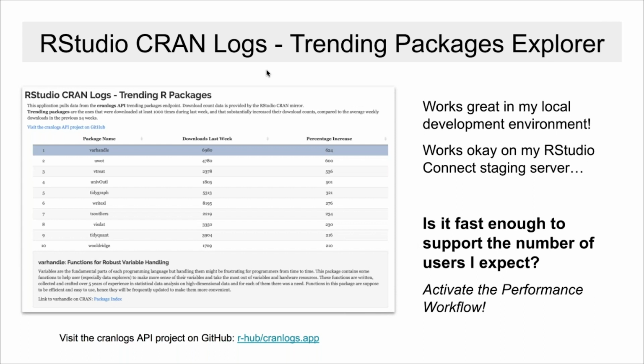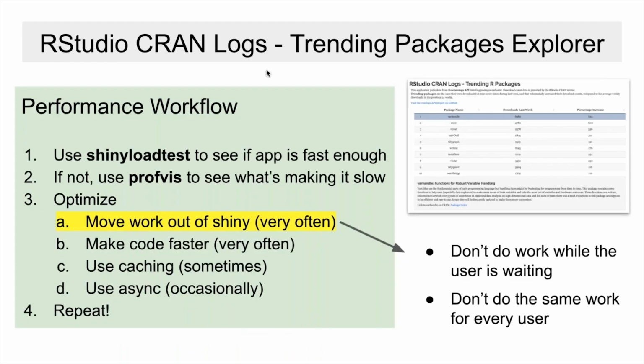As more users come to this application, I'm worried that it won't be fast enough to support the number of users that I expect. So at this point, I think to myself, this would be a great case to activate Joe's performance workflow and move through Shiny load test and profviz to get the answers about whether my application is going to work in production and how to fix it so that it does.